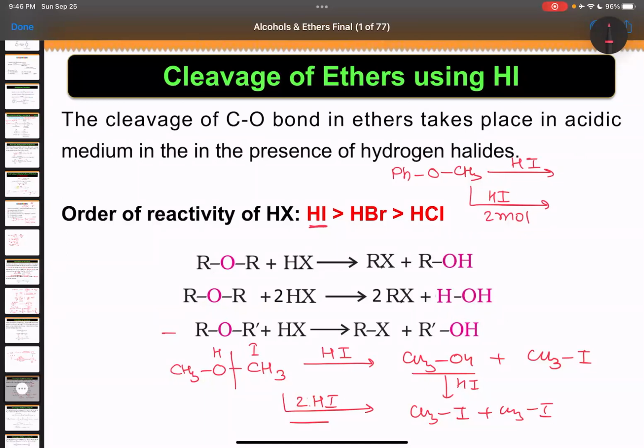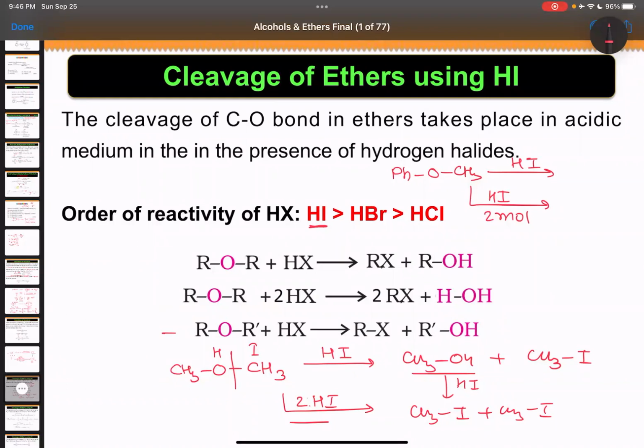Yes, Amira. What is the common name of this ether? Very simple. It is methoxybenzene or anisole, right? So what are the products, Hanifa, when you react this anisole with HI, 1 mole and HI 2 mole?